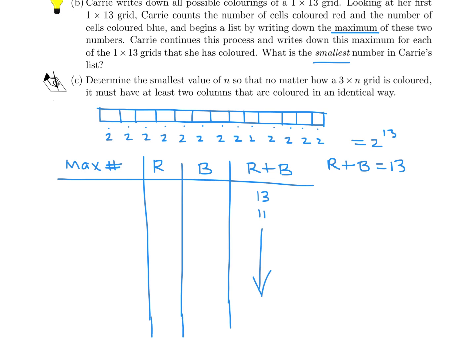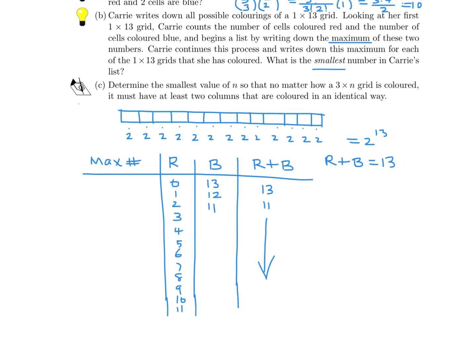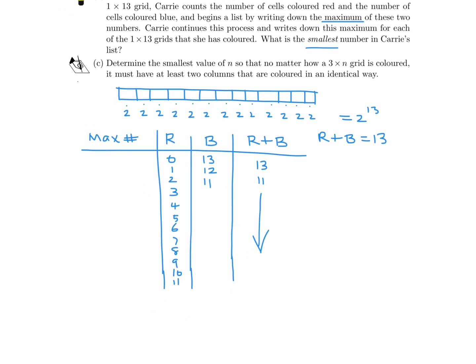You can have 0 red and 13 blue, or you can have 1 and 12 and so on, right? 2 and 11, 3, 4, 5, 6, 7, 8, 9, 10, 11, 12 and 13, and then this is going to be 0, 1, 2, 3, 4, 5, 6, 7, 8, 9, 10.